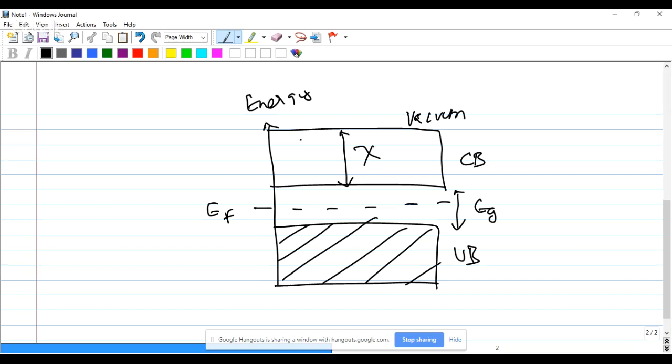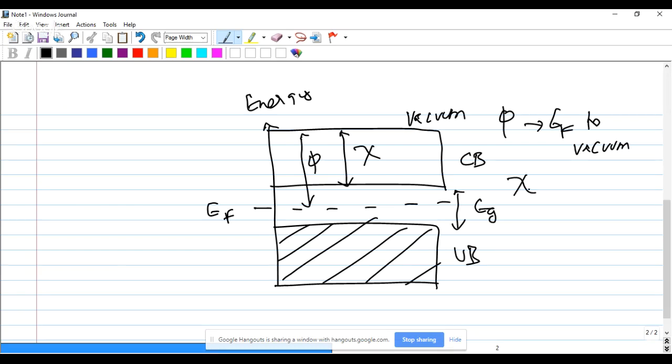It's also related to something else called the work function, phi. The work function is what you would measure through an experiment like the photoelectric effect, where you shine light of some frequency and measure the energy of the electrons. Phi is from the Fermi level to vacuum. So phi is from EF to vacuum.